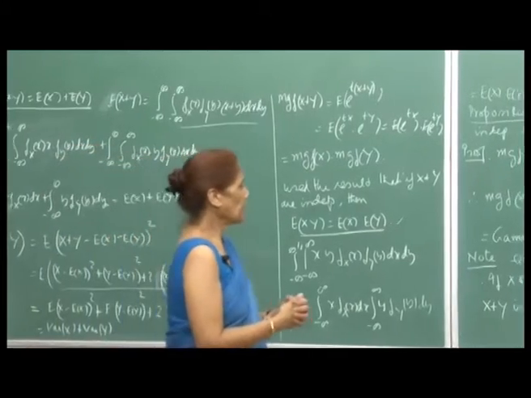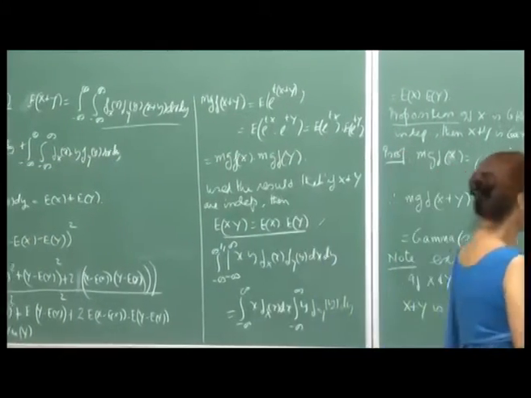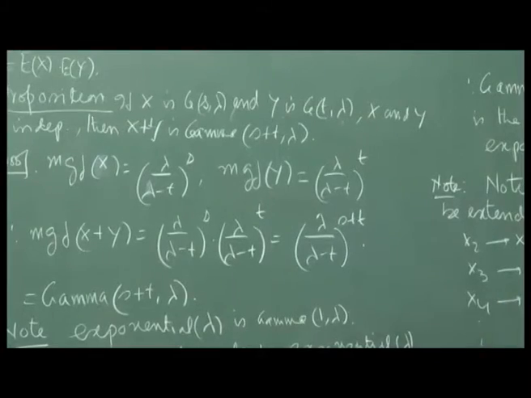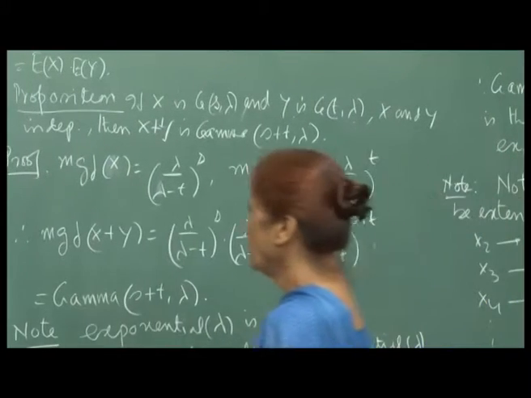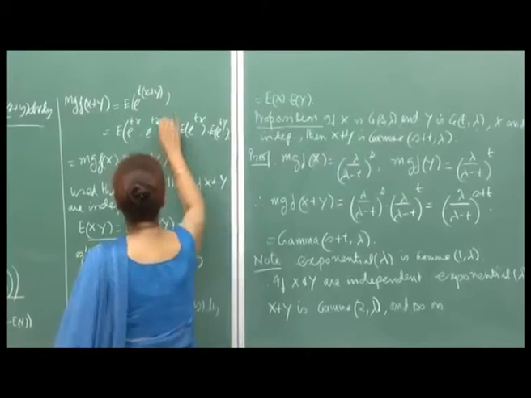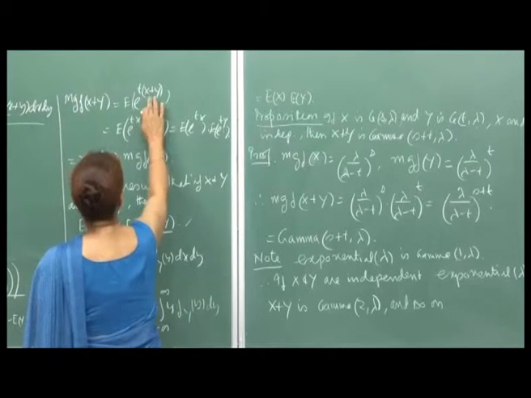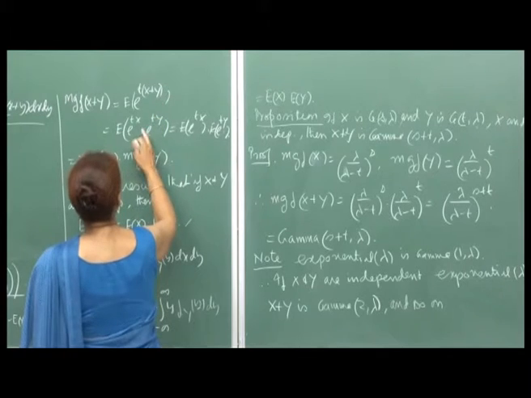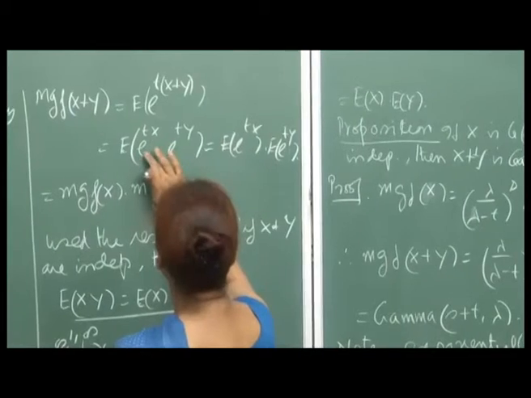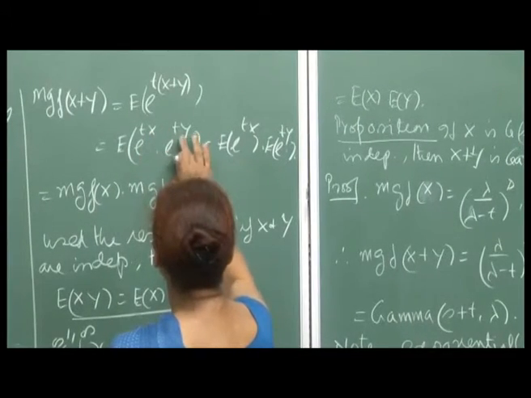And this I will show you using the MGF, because I missed out on the MGF. So, MGF is also straightforward, because this is expectation of e raised to t(x plus y). I will write it as e raised to t x into e raised to t y.